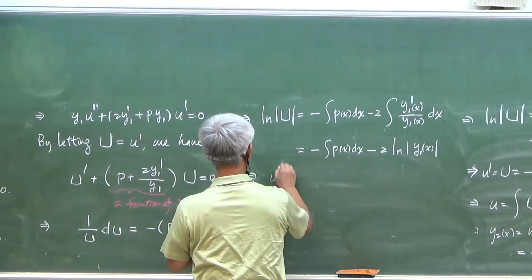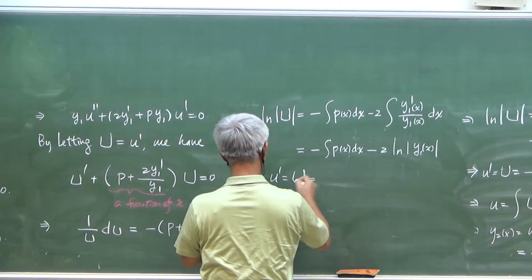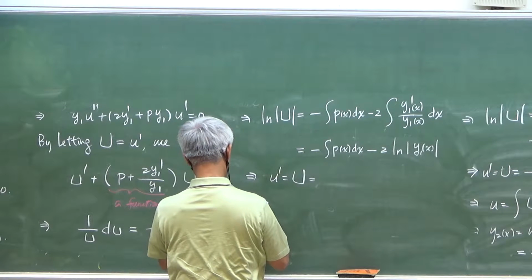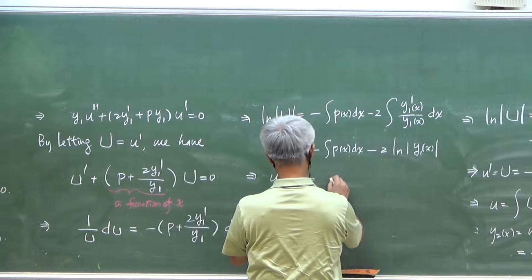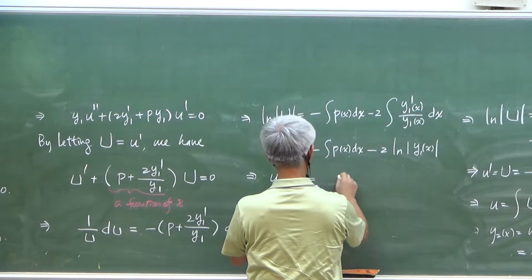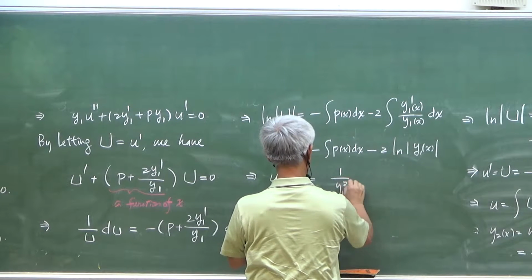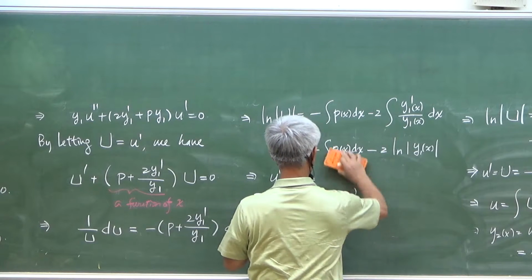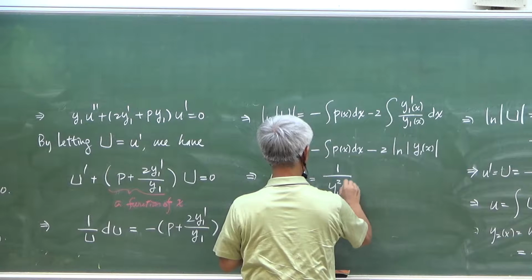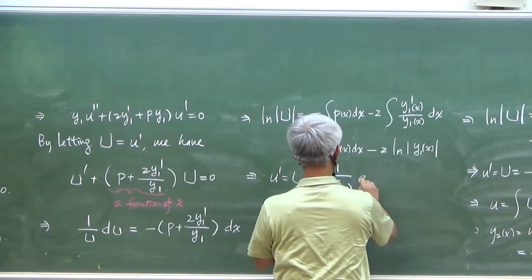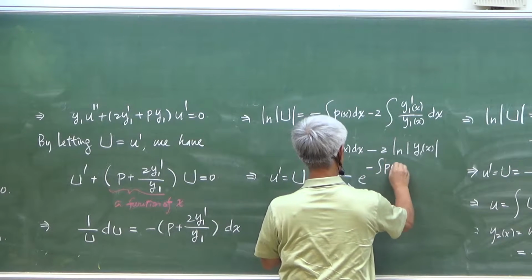And so w, which is u prime, is equal to 1 over y1 squared times the exponential of minus the integral of p dx.